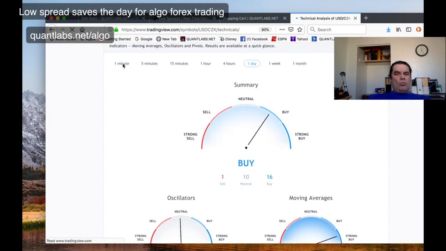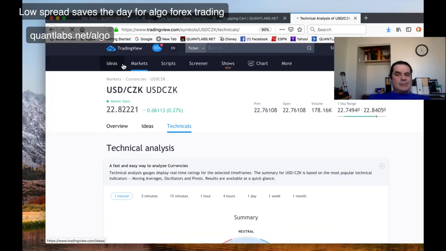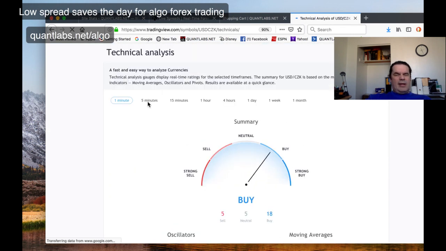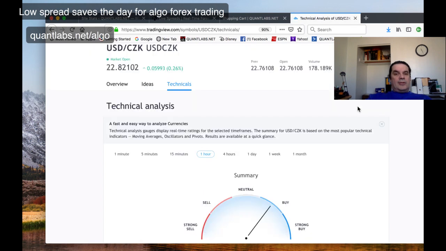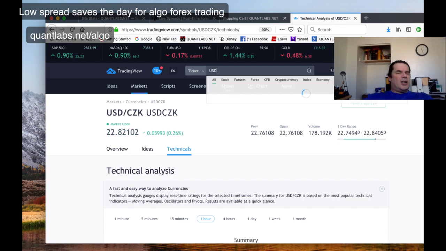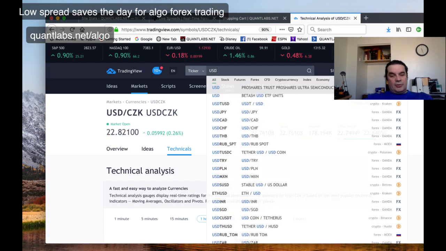Okay, so at 1 minute's what I like. What's it going to say? Still a buy. 5 minutes. So this strong momentum here right now. 15-minute. Still a buy. Okay, so these seem to kind of work, but we'll do one more on the US dollar Swedish.